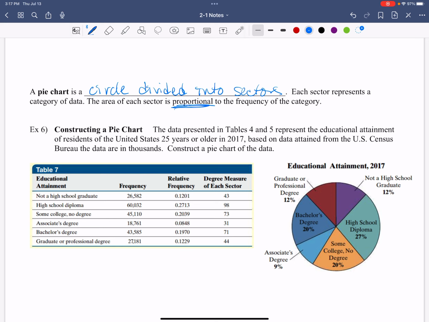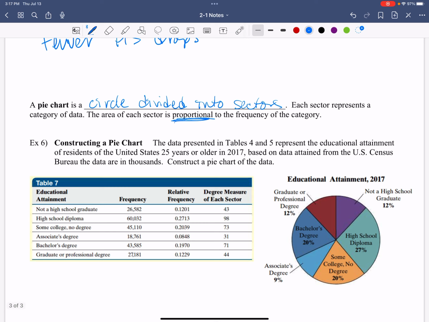So if we're constructing a pie chart, the data represented in tables 4 and 5 represent the educational attainment. Those are these tables on the other page. Same data that we're looking at, we're just putting it into a pie chart here. All right, same thing, it's the bureaus and thousands. So construct a pie chart of the data. Now here's the thing.